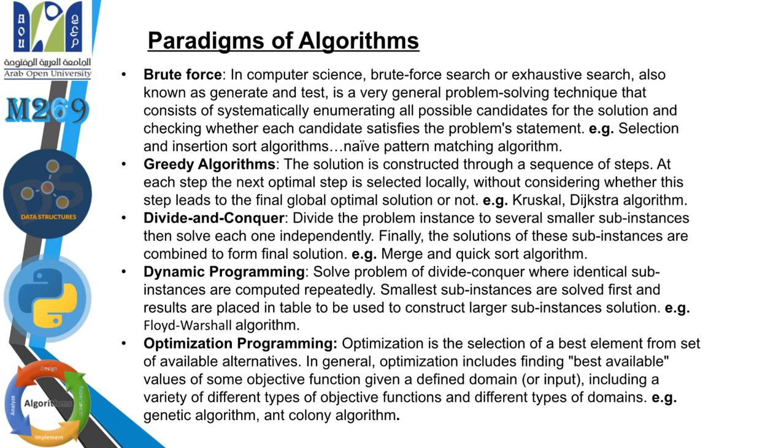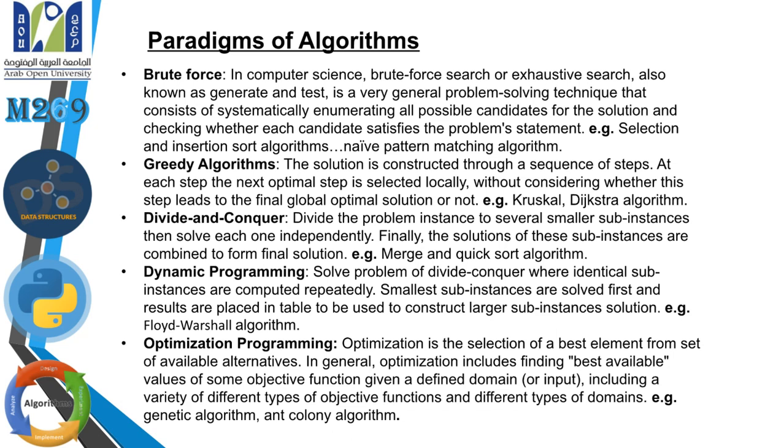Optimization problems are actually about how to find the best element from given available alternatives. So here we are trying to find the best available solution. And usually the best here is determined by a function called the objective function. And we have different types, of course, of domains for these functions.